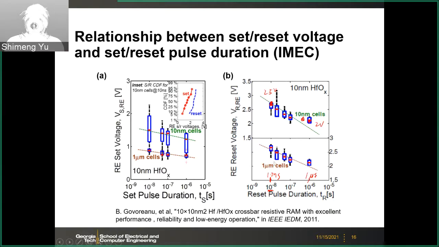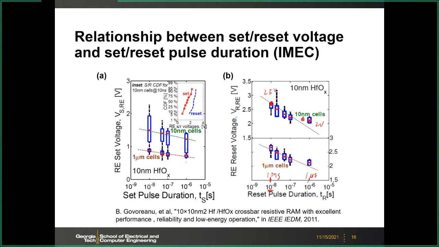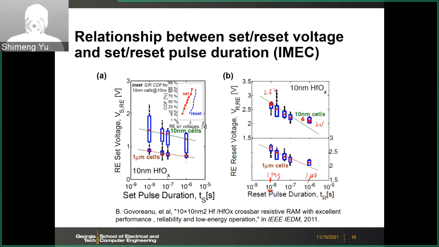Like 2.5 volts, you need 10 nanosecond. 2 volts, you need 1 microsecond. So there's a trade-off. If you want to operate faster, you have to apply larger voltage. This is easy to understand because if you want to switch fast, then you need to apply higher voltage to drive those oxygen vacancy formation and migration.